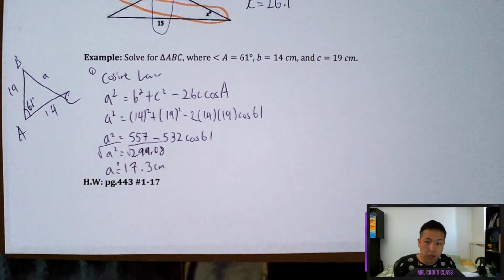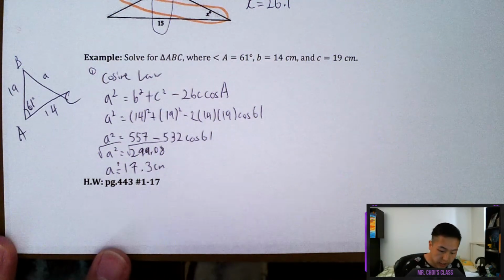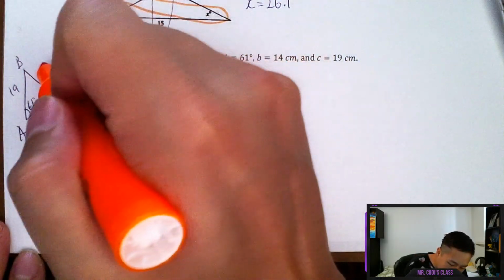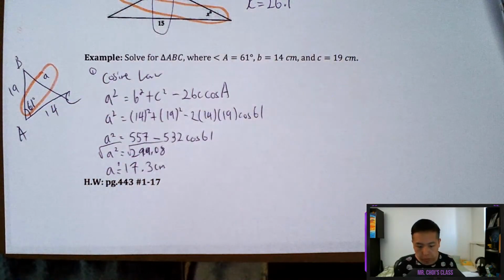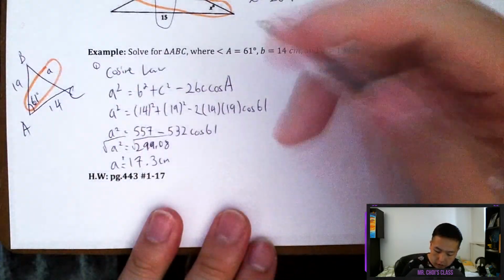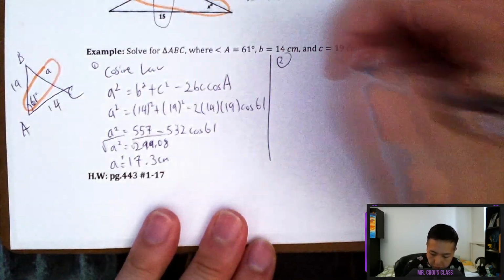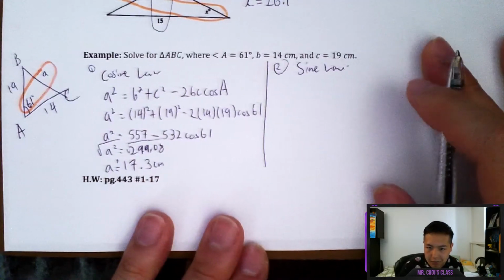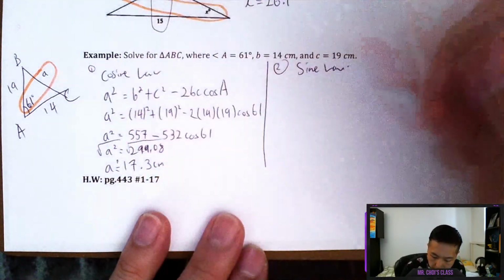Now, can we use this information to solve for anything else? Yes. Once we solve for a, we now have an angle side pair. Which means the second step is to use the sine law. And this time, we're going to be solving for an angle.